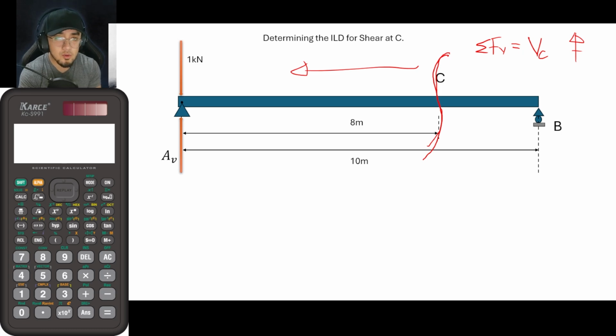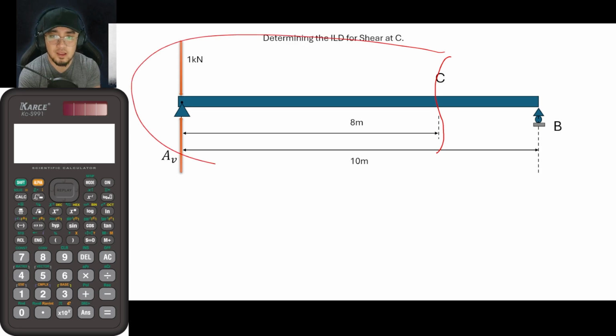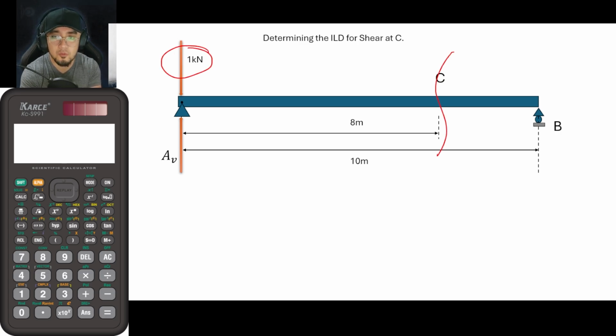Then again, we would be solving for the summation of forces vertical, and whatever is the summation, that is now the value of shear at C. So if we would once again cut a section here, and we will be choosing the left side of our cut section, as you can see that we would now be having two vertical loads, 1 kilonewton and the value for AV. As for the value of AV, let us solve for it first.